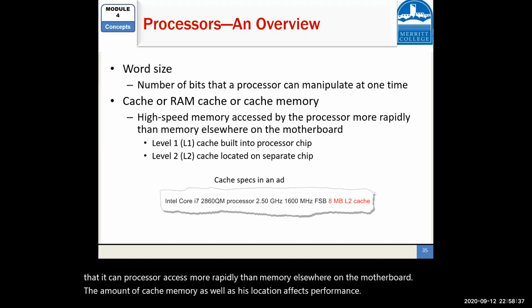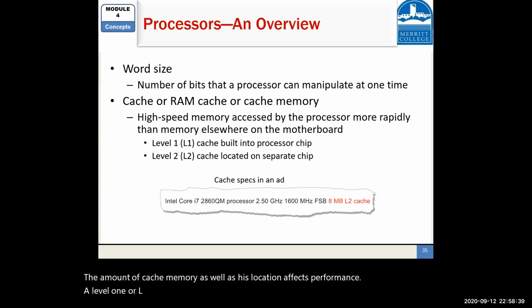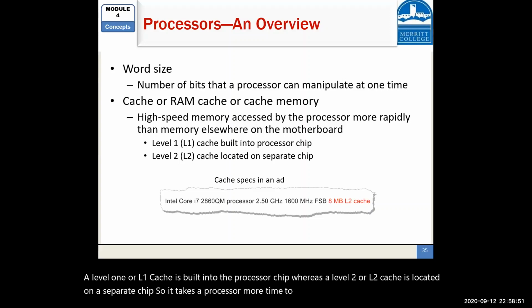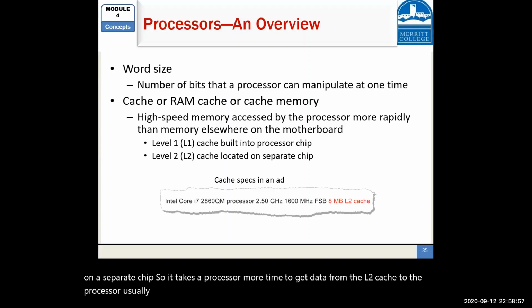A level 1 or L1 cache is built into the processor chip, whereas a level 2 or L2 cache is located on a separate chip, so it takes a processor more time to get data from the L2 cache to the processor. Usually cache capacity is expressed in megabytes.